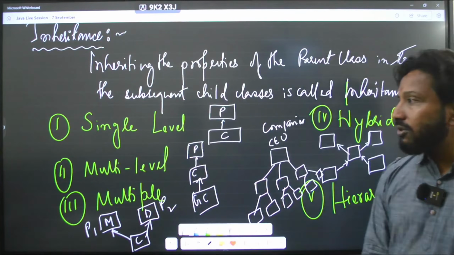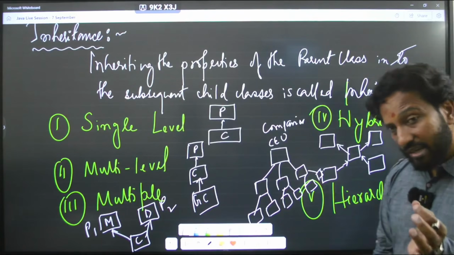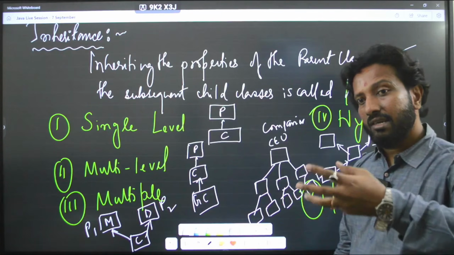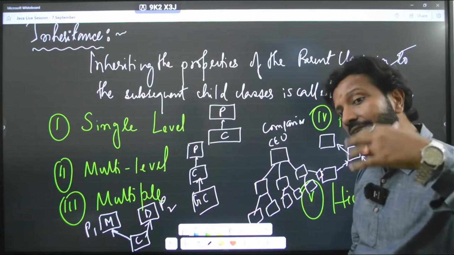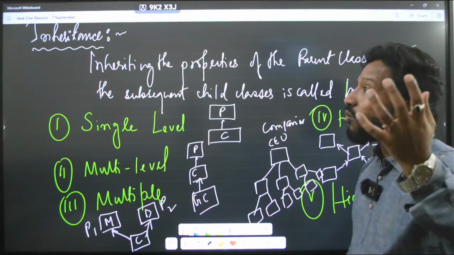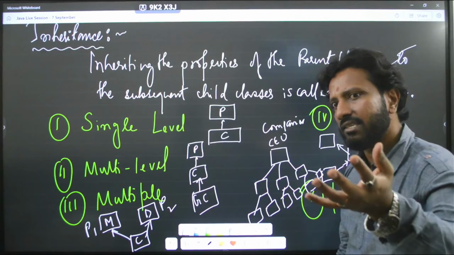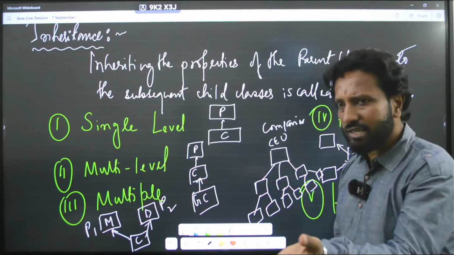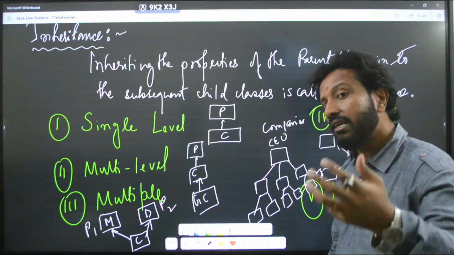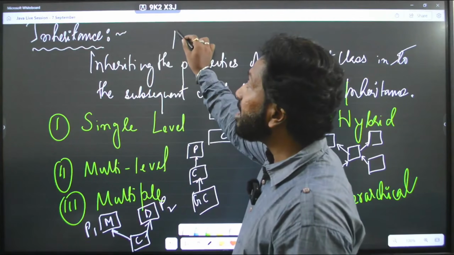So, the most important benefit of inheritance is that something is already there. Something is already there, I am just inheriting it. That means I am using it. I have my home, I am staying there. Someone else comes in, he or she is also staying there. We are using something which is already there. So, reusability.